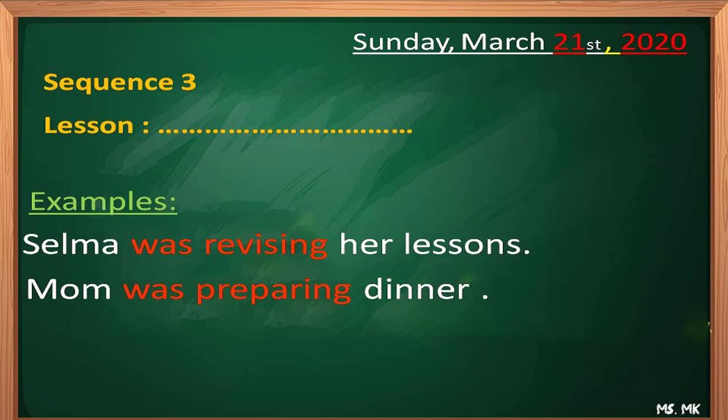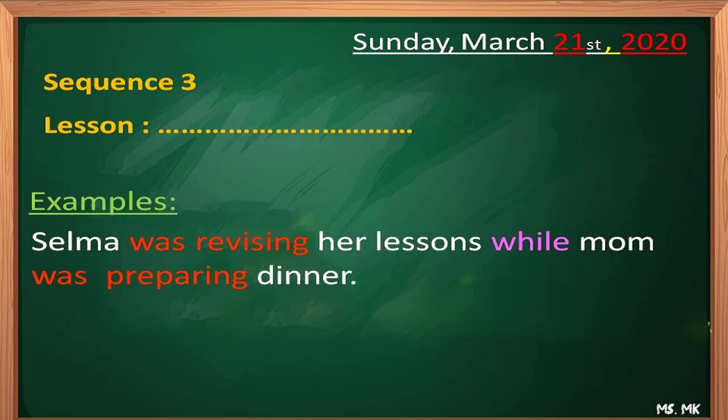And of course, some pupils are going to change the tenses because they know that when a connector is included in a sentence, many things change. So just leave them to do that alone. And then you're going to say, Selma was revising her lessons while mom was preparing dinner, or while her mom was preparing dinner. I put while in the middle of the sentence. Why? To connect 2 sentences, 2 long actions.